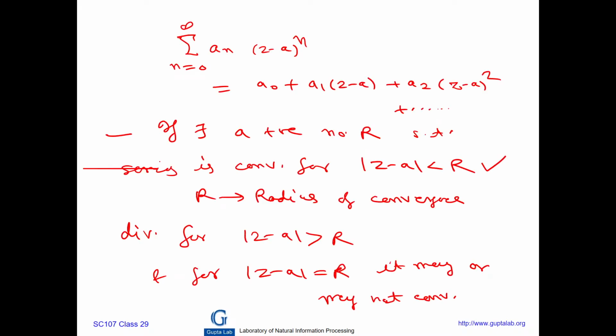The only difference in the power series with real variables was that the region of convergence was an open interval, minus r to r, x lies between minus r and r. Here it is basically a circular disk. The region is a circle, that's why it is known as circle of convergence.